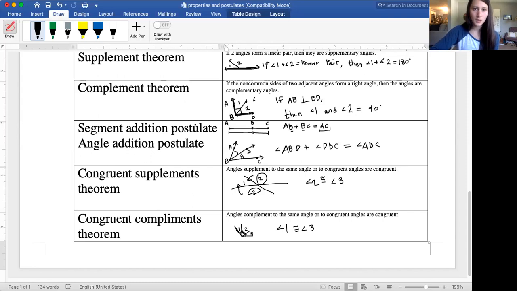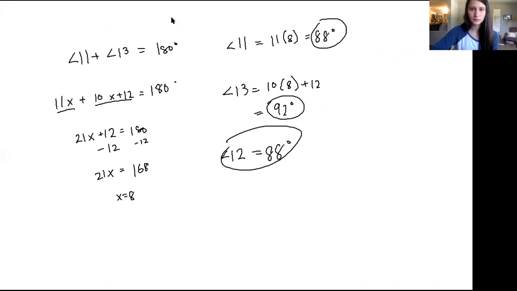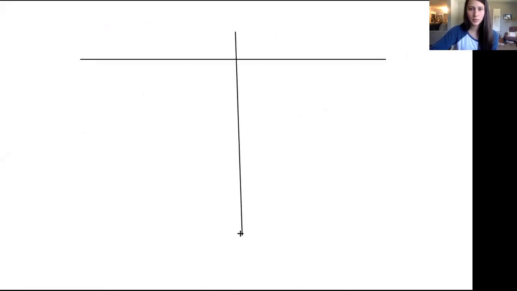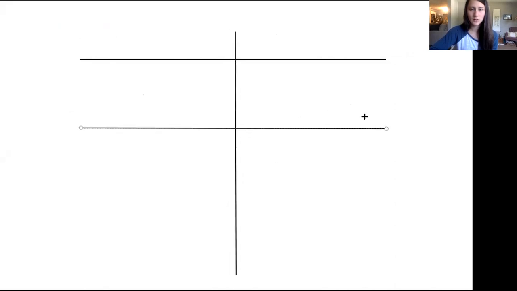All right, let's add on to our list. I'm going to use this feature right here. So I'm going to make a chart just like you guys are. A little chart here. And we're going to add on to this. So the next theorem that we're looking at is called the vertical angles theorem.